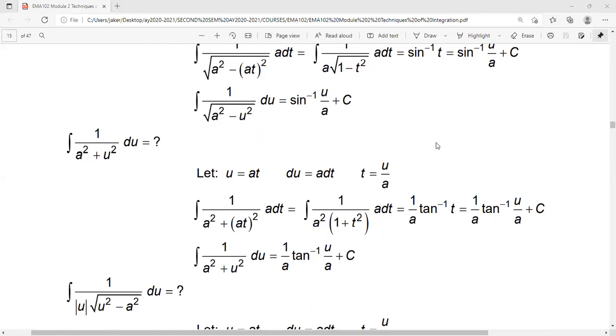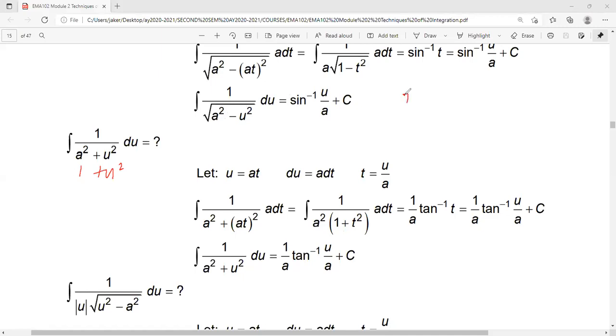The same principle is followed when we deal with other functions. So in the case of the arctan, if it's just 1 plus u squared, you only have the arctan of u. And since you already have this real number, there would be changes. Your formula now will be 1 over a, the arctan of u over a. So this is your added formula for the arcsine, wherein your u squared in the denominator is subtracted from a real number.